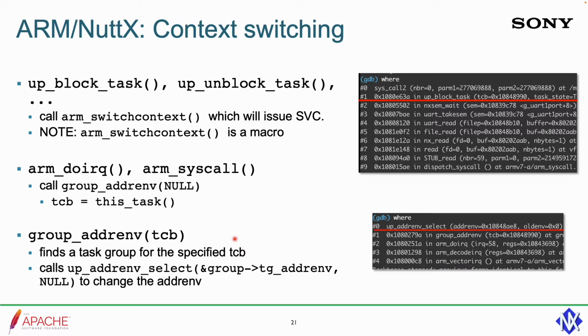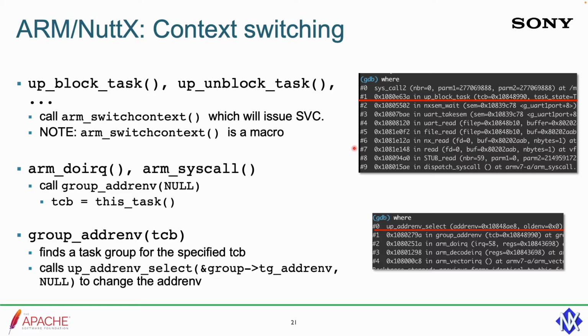Regarding context switching in NuttX, there are some APIs associated with it. For example, when an application calls the read system call for the UART driver, the driver calls NXSM wait and waits for user inputs.